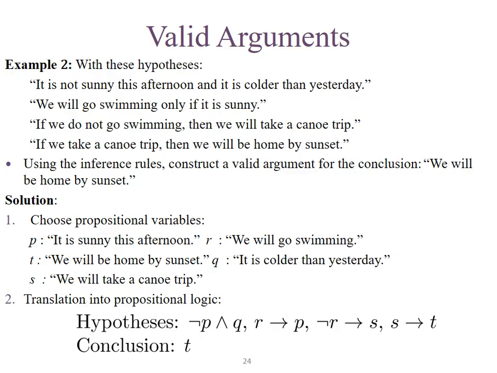And this is P, this is Q, right? But we have "only if", that means, if you remember the definition. Okay. And then if we don't go swimming, then we will take a canoe trip. If we take a canoe trip, we will be home by sunset. Then we need to prove that we will be home by sunset.